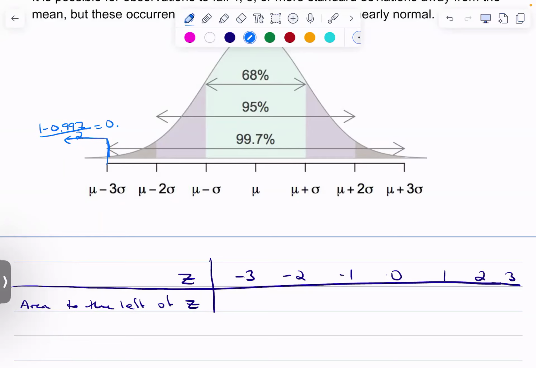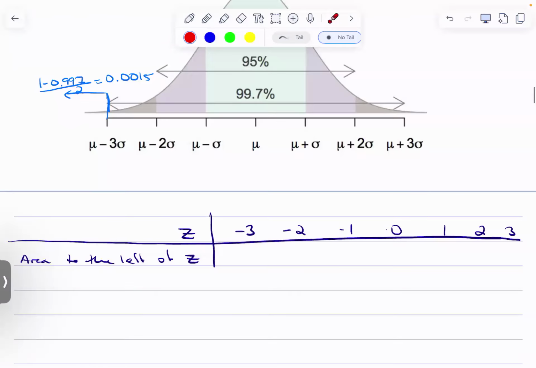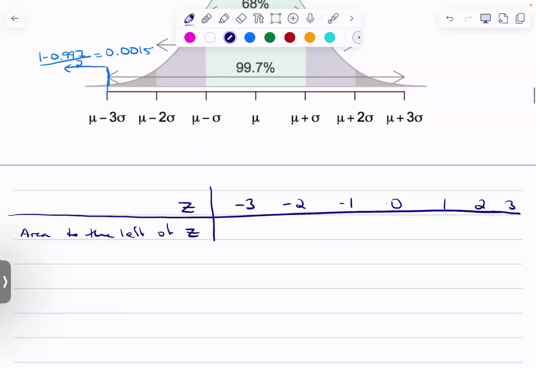Of course, 0.0015. It gives me scientific notation, so I have to move my decimal 1, 2, 3. Good. So at a Z of -3, the area to the left, 0.0015.